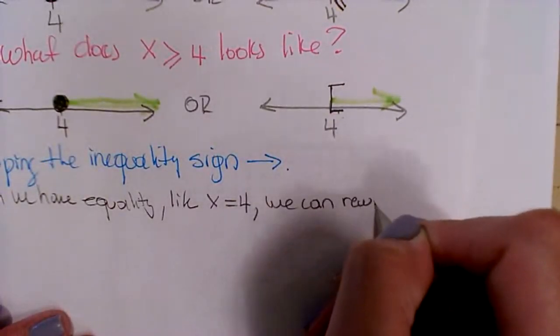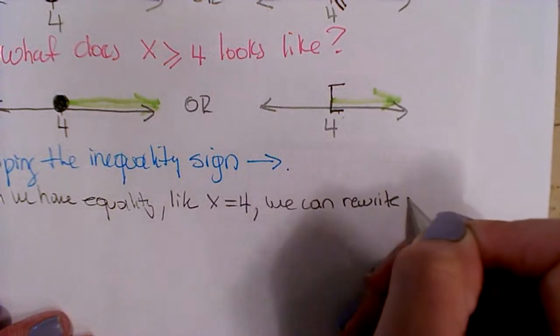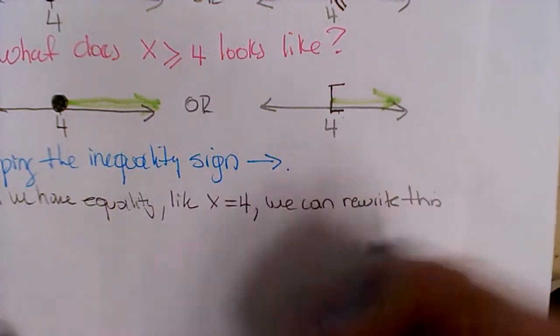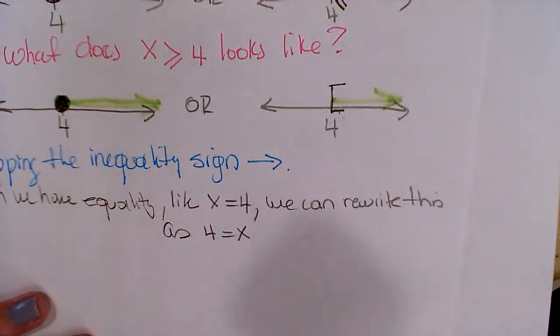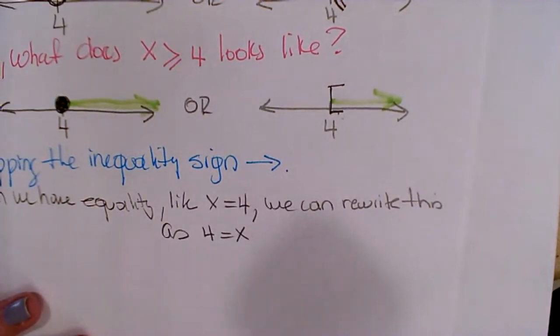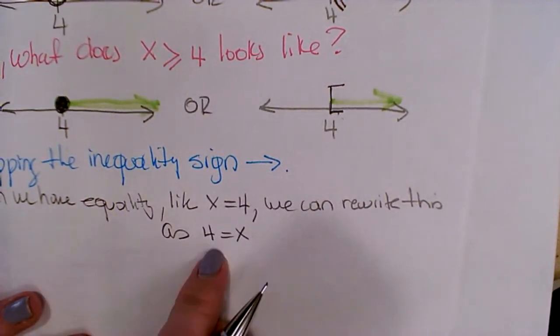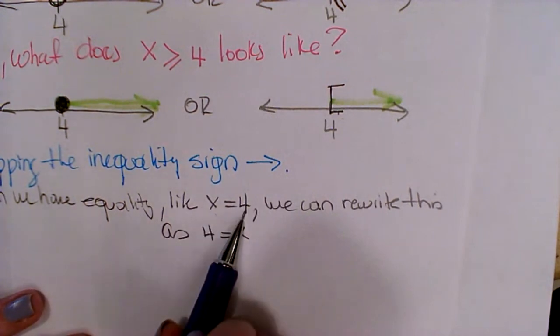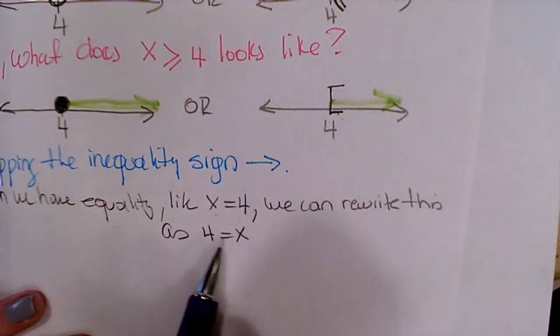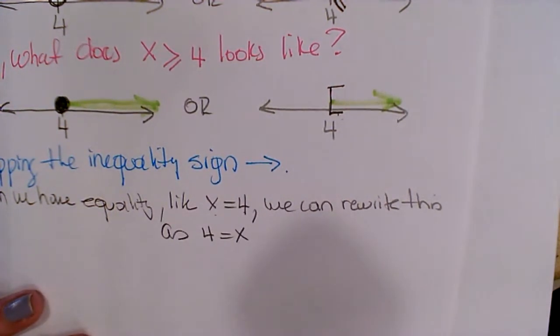We can rewrite it as what? 4 equals x, right? And we can do it because there's no difference in saying our number is 4 or 4 is our number.